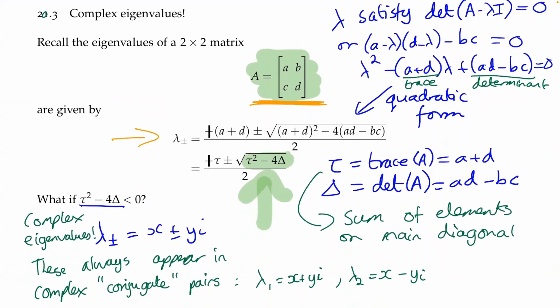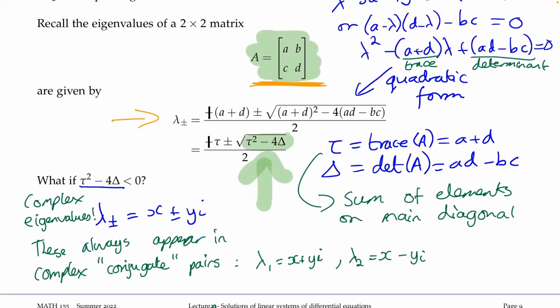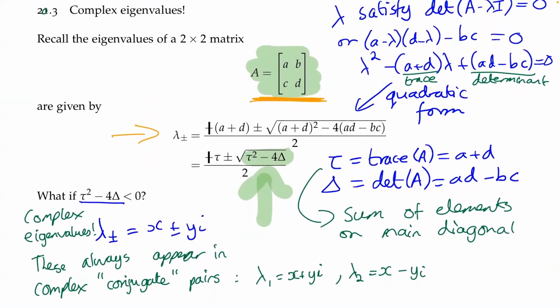So complex eigenvalues, what do they actually mean? This has all been real eigenvalues up to this point. It turns out that we don't have to solve this quadratic equation every time. If we've got a matrix A equal to a, b, c, and d, so these are our coefficients that come from our linear system, we can calculate something called the trace and the determinant. We know the determinant already.